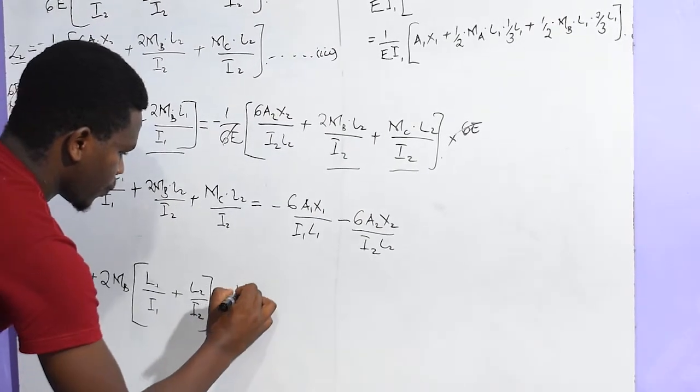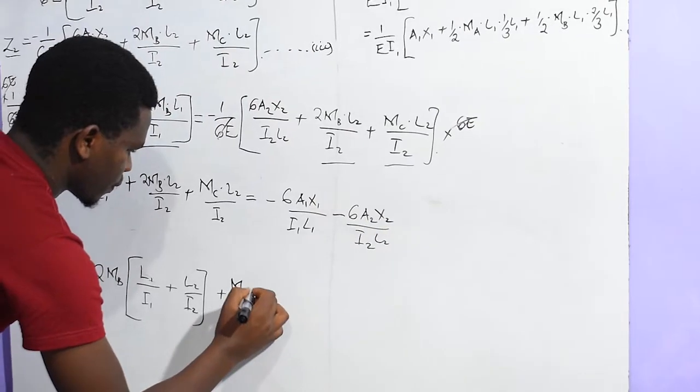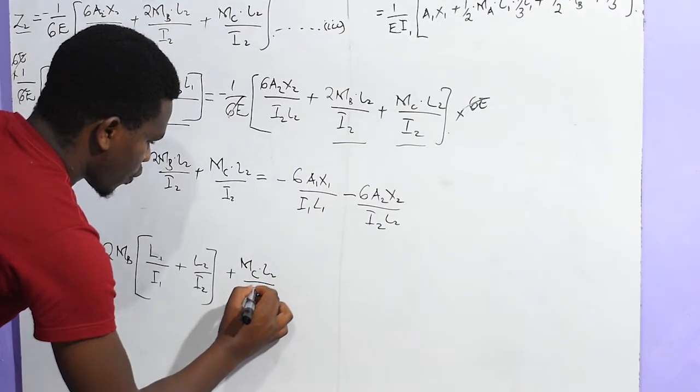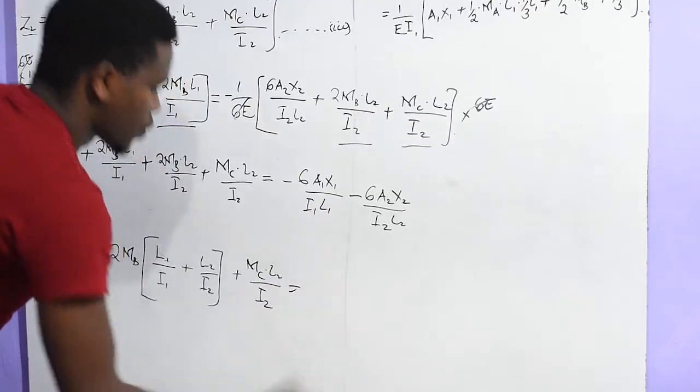Then you add moments at C L2 all over I2 equals 2.